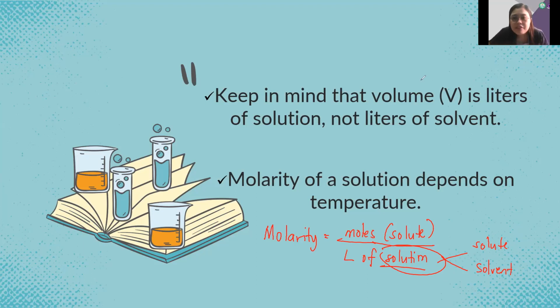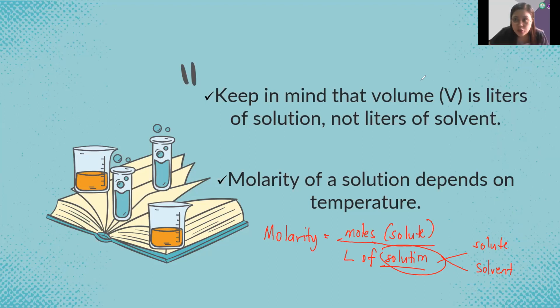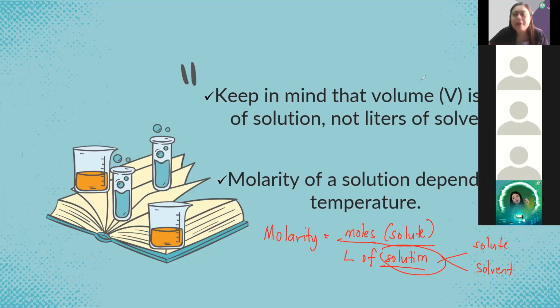Now, the molarity of a solution also depends on temperature. Because remember, we have chemical substances that might be soluble in a cold solution, but not soluble in a hot solution. So again, the molarity is dependent on temperature.